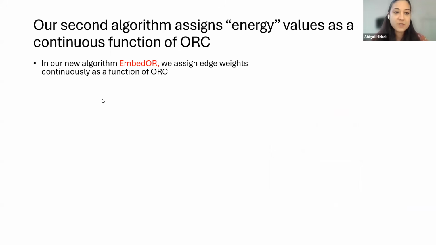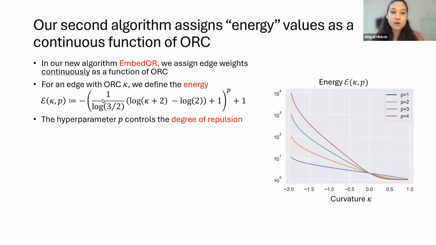This second algorithm, I think of as a continuous version of what we did before. Here we're assigning energy values to every edge as a continuous function of ORC. We have this energy function, which we defined here: the energy of an edge with curvature kappa, and we have a hyperparameter P, which controls the degree of repulsion.